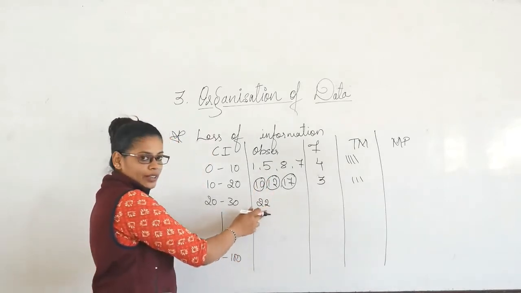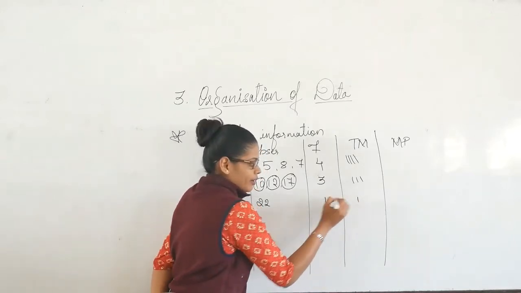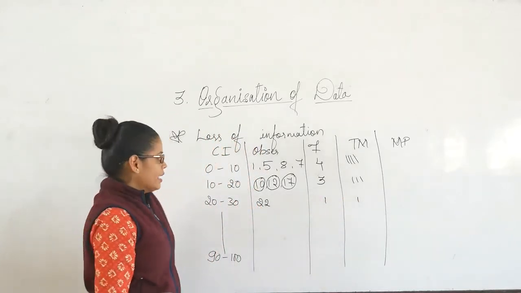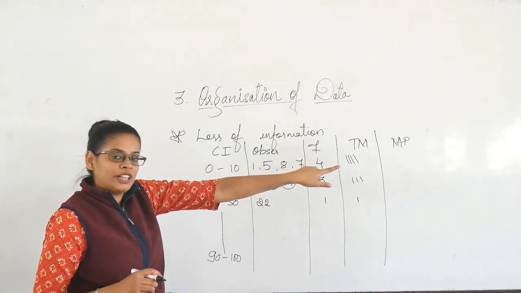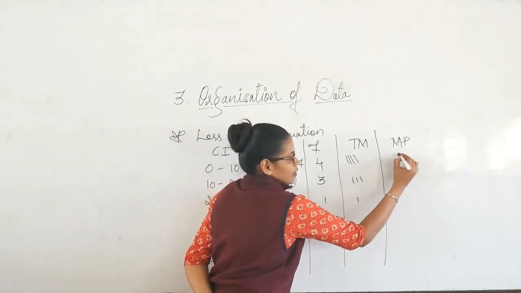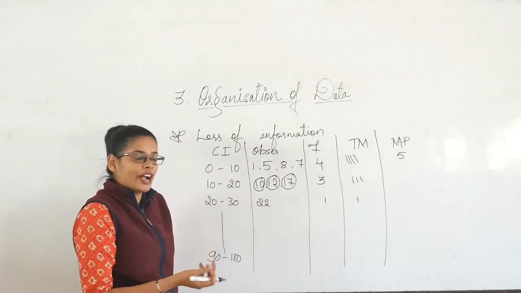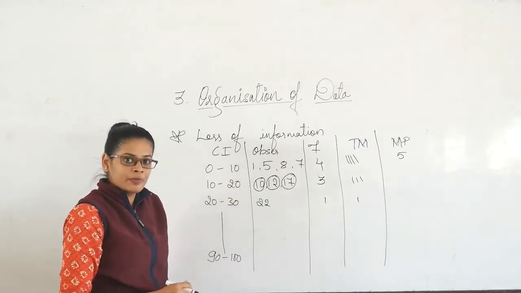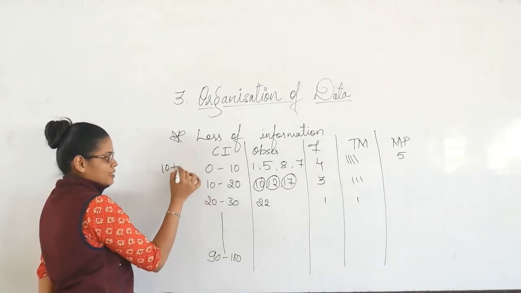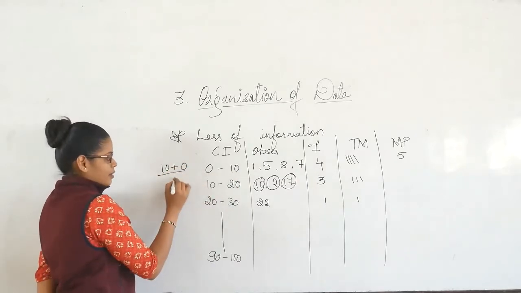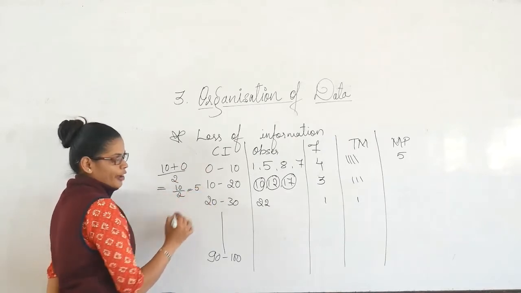This goes the same for the other class intervals. Next we had 22, so this becomes 1 frequency and there will be only 1 tally marking. Now what will be the midpoint here? This will be 5 for the first class interval. How did we find that midpoint? The upper class limit of this class interval plus the lower class limit divided by 2, which becomes 10 by 2, so we got 5, right?